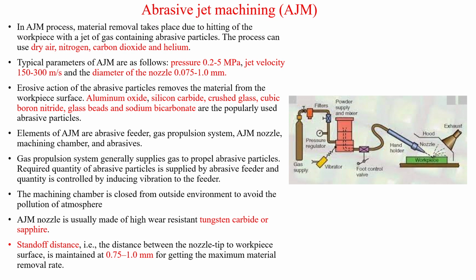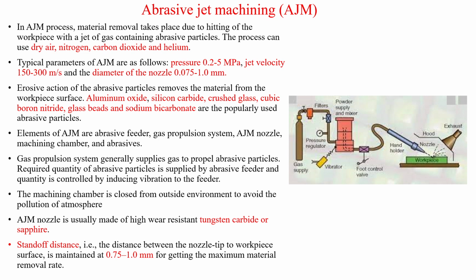As I already told, to move the abrasive at very high speed to the workpiece, it has to be mixed with gas, because high speed of gas will lead to high speed of abrasives. The gases used are dry air, nitrogen, carbon dioxide, or helium.